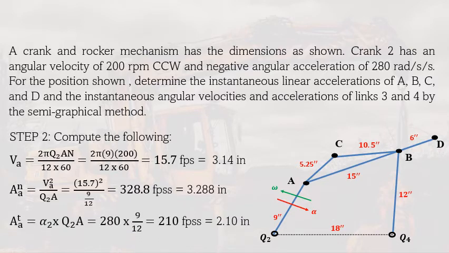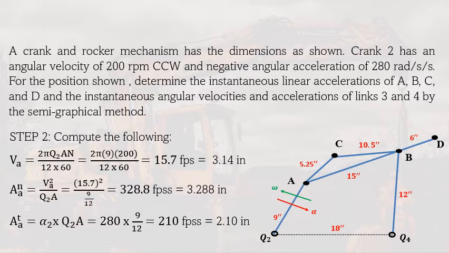For the acceleration of A tangential, we can use the value of angular acceleration alpha because it's also given. Alpha is the angular acceleration of this link, where A is also connected, so we can use that here. We multiply it with the radius Q2A.